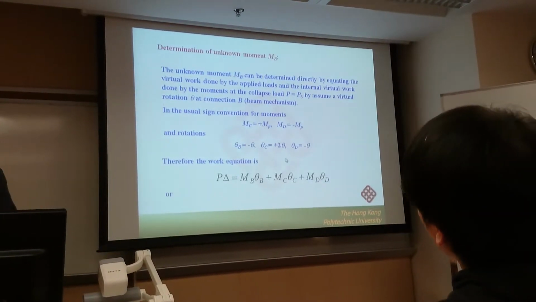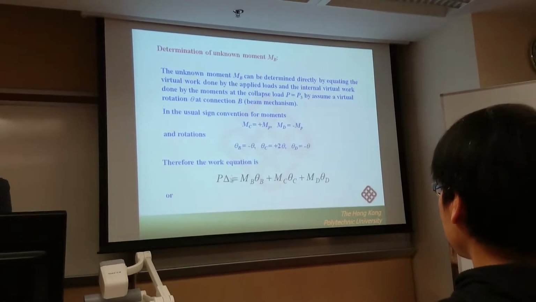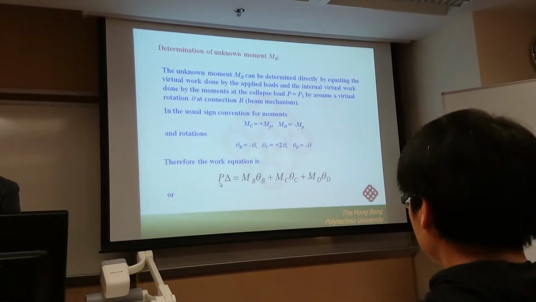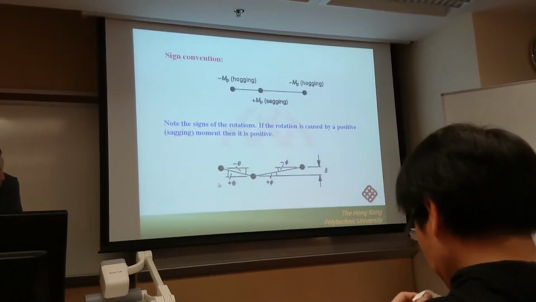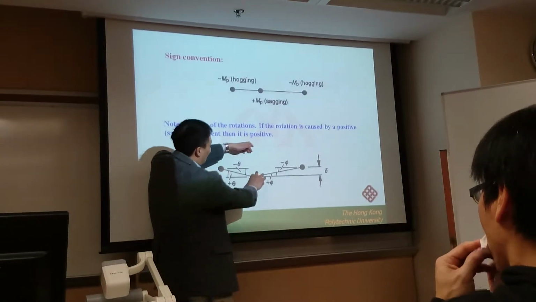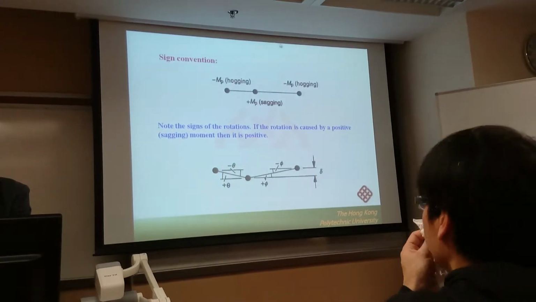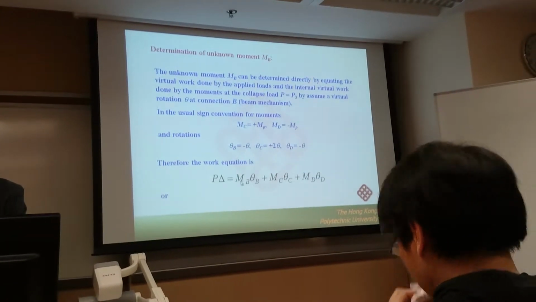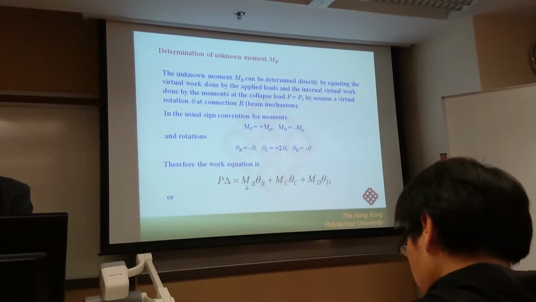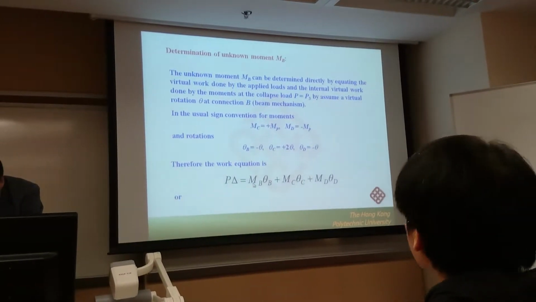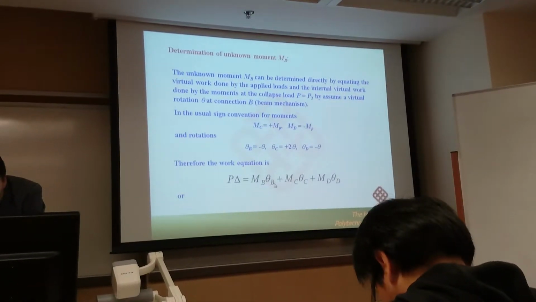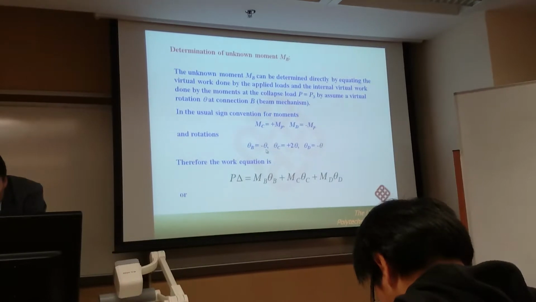Okay, so this is the equation. The work done by the external force is equal to force times the deflection, so it is equal to P times delta. And at point B, we don't know the moment, so MB times rotation. This rotation is a virtual rotation.